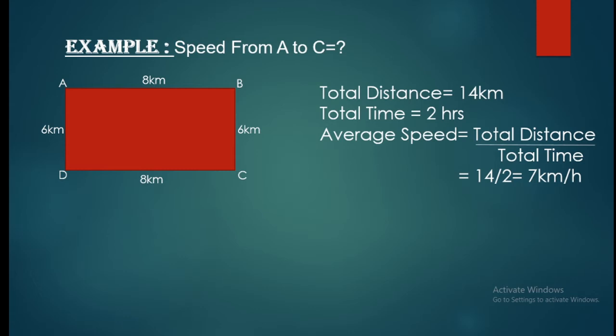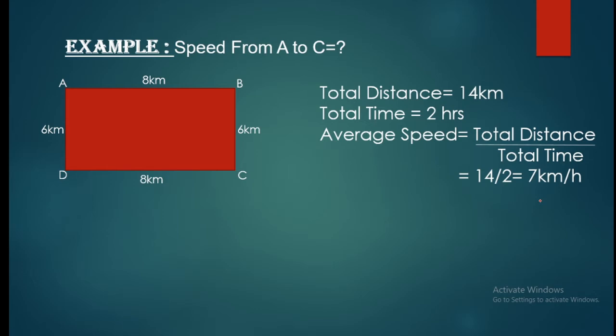If I want to calculate the total distance traveled from point A to point C, total distance is 8 plus 6, AB plus BC, that is 14 kilometers. And let's suppose the total time taken by man is 2 hours. So my average speed is total distance 8 plus 6 upon total time 2 hours. That is 7 kilometers per hour. So speed of that man from A to C is 7 kilometers per hour.